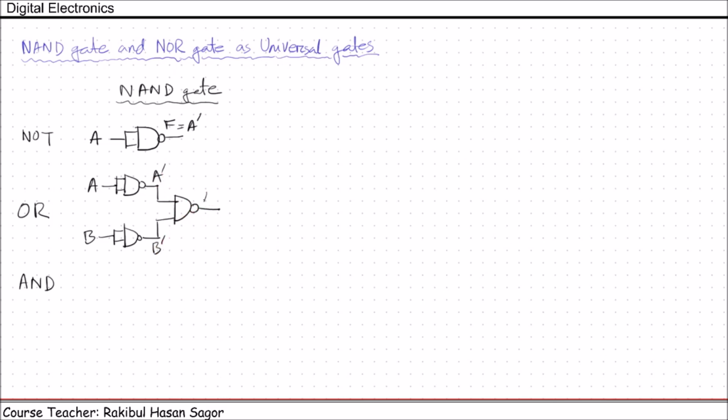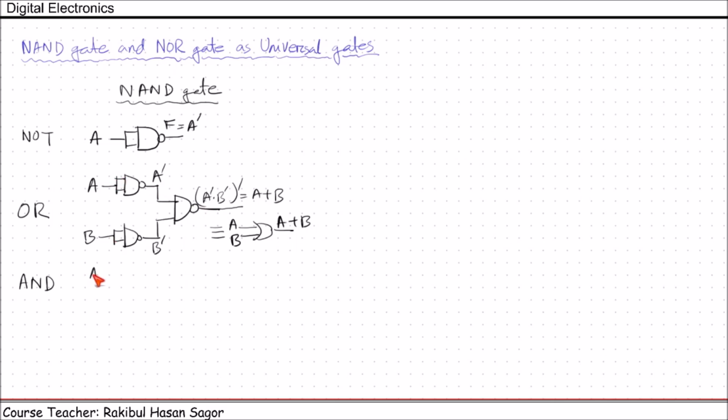Here we'll get a prime into b prime whole prime, from which we can get a plus b by using De Morgan's theorem, which is equivalent to OR gate. We give a, b input, we'll get a plus b as output. This is the OR operation, and this OR gate is implemented by using NAND gates.